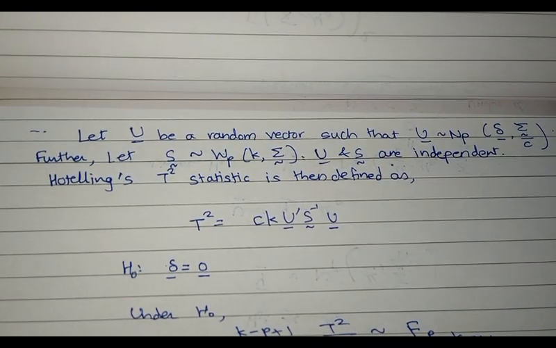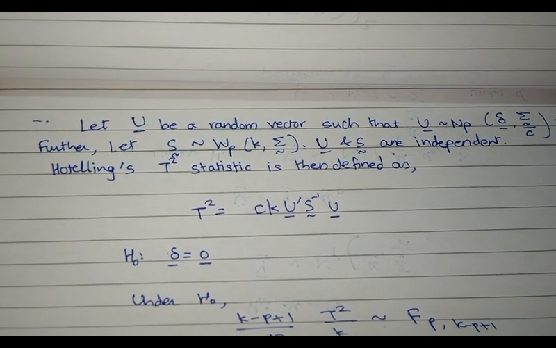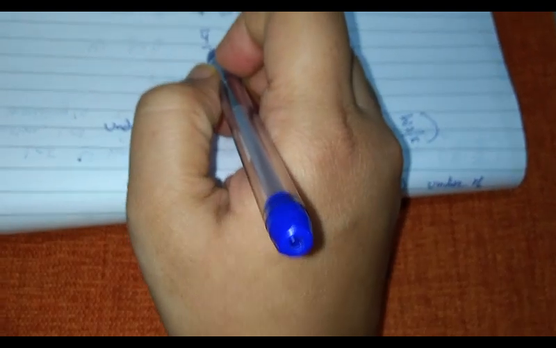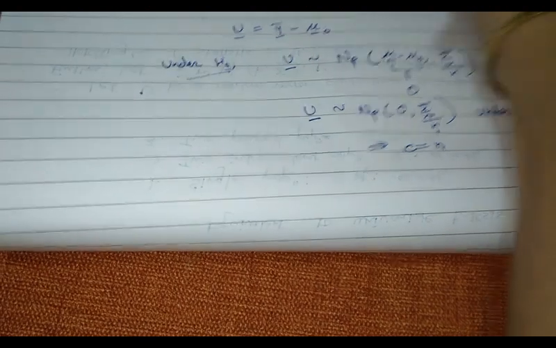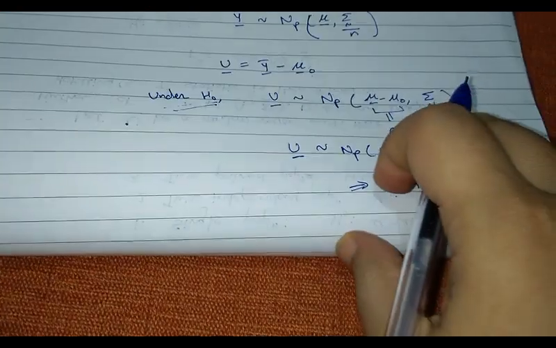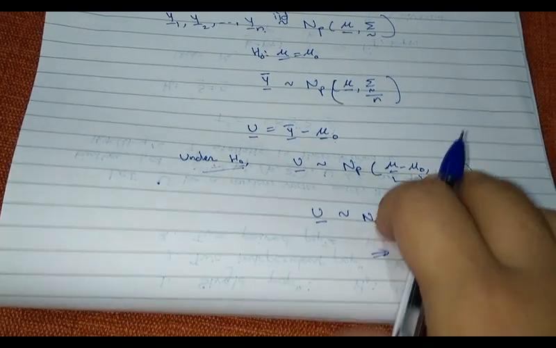Fortunately, we have a result which can be of use here. We know that if y bar is normal, then the CSSP matrix is Wishart and it is independent of y bar. We have studied this result while doing estimation in the multivariate normal.